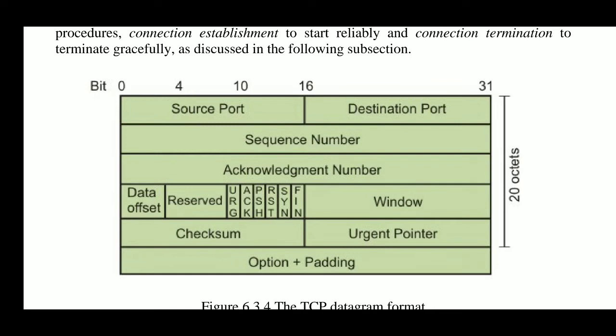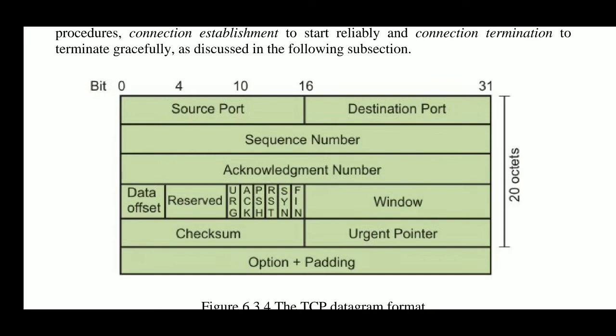So window is a 16-bit field that specifies the size of the sliding window, which tells how much data we can send to the receiver.